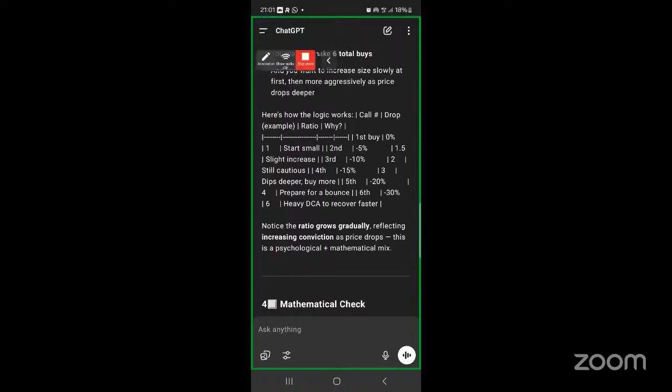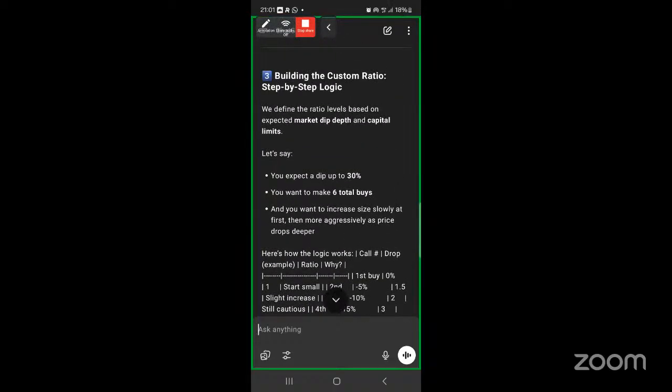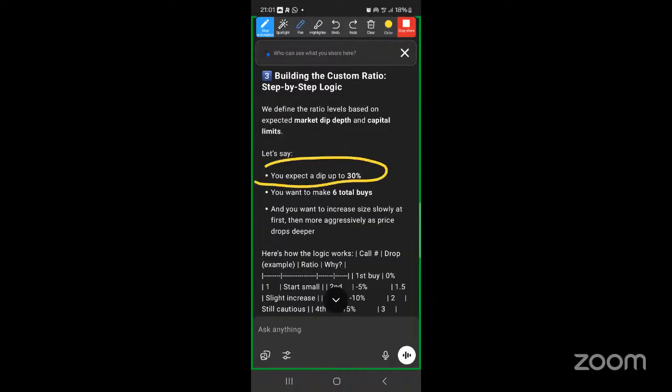Notice something: you expect the coin to go down by negative 30%. How do you know that this coin will potentially go down by this percentage? Because that percentage also determines how you set your ratios.